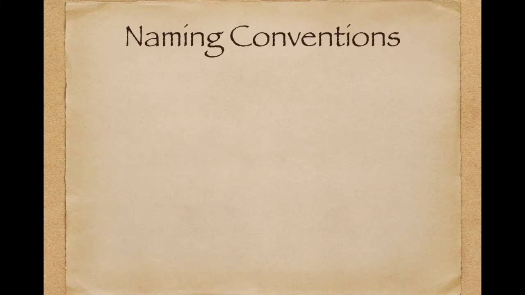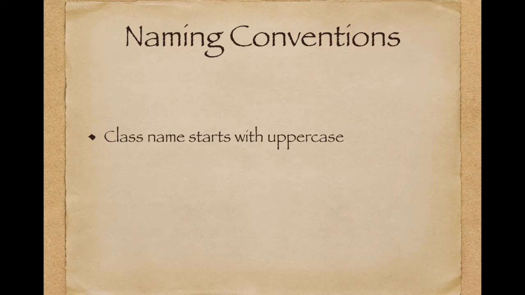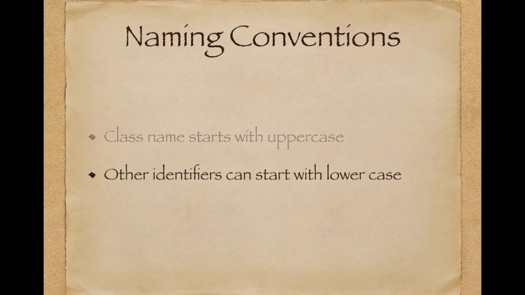The naming conventions: how to name a variable and how to name a class. We have some conventional methods that have to be followed in every programming language. As far as the class name is concerned, it should start with uppercase. That has to be followed. Whereas for other identifiers it is not necessary, it can be lowercase.